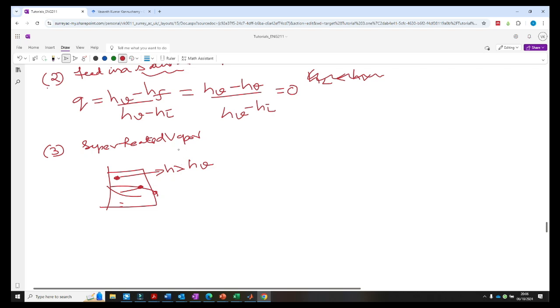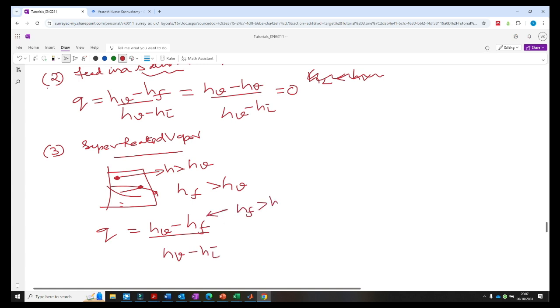If the feed stream is a superheated vapor, then HF is greater than the enthalpy of the saturated vapor. In that case, Q is equal to HV minus HF divided by HV minus HL dash. Since HF is greater than HV, HV minus HF should be a negative quantity.